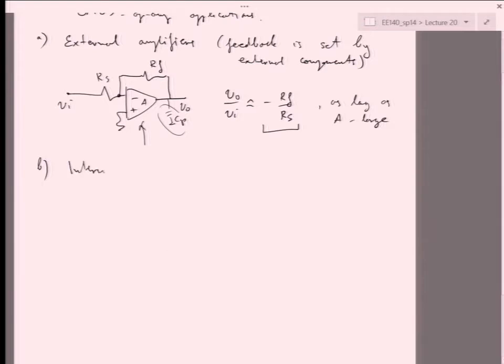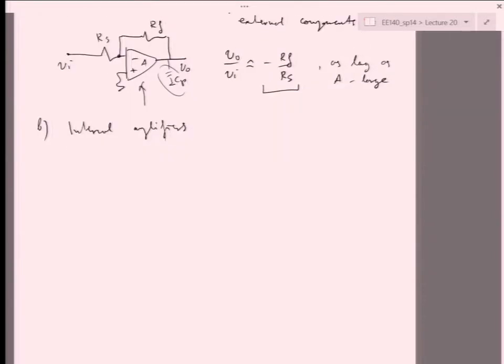A little bit easier job, and therefore more flexibility in how you can use op-amps, happens with internal amplifiers. In that case, you're building an amplifier somewhere on the chip, and you know exactly what the load is going to be, meaning what circuit loads that amplifier stage and what type of feedback you tie around it.